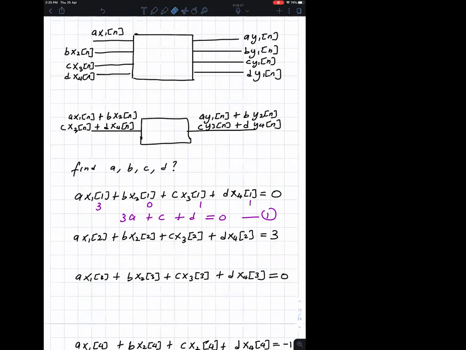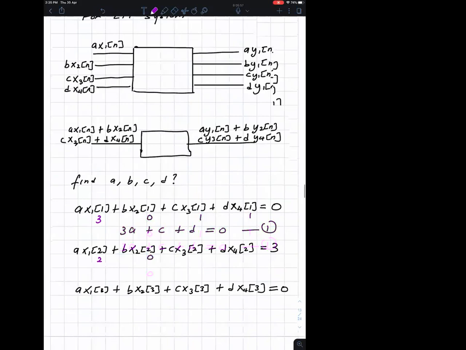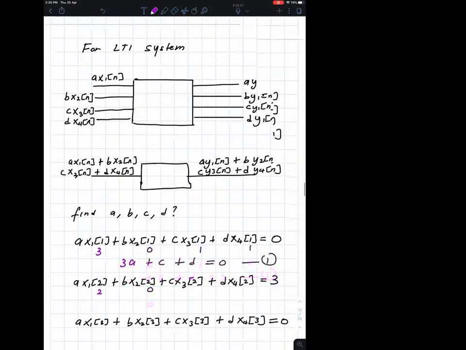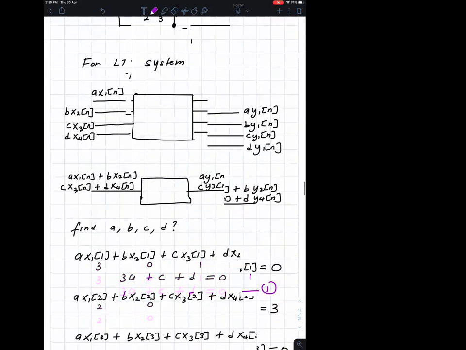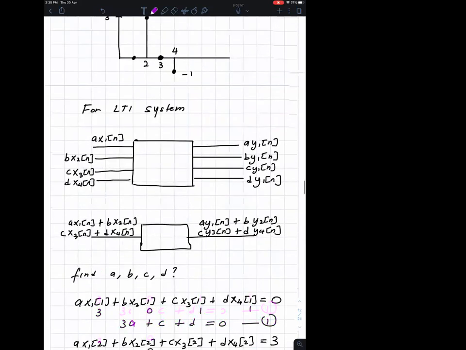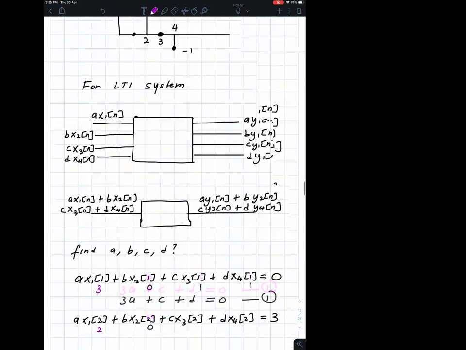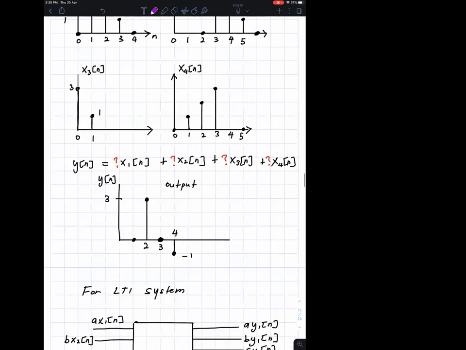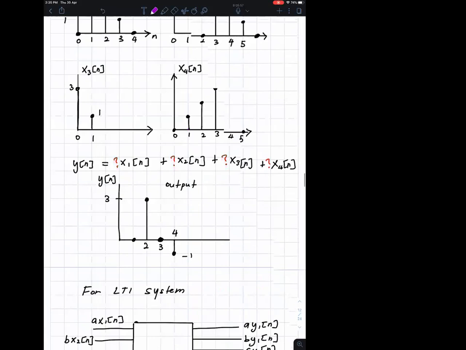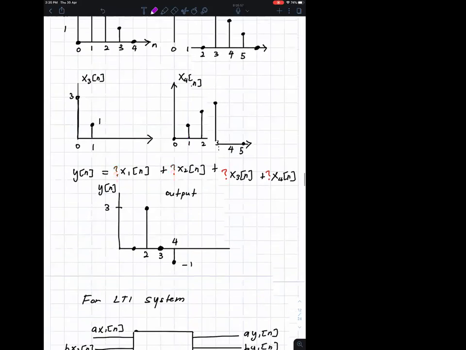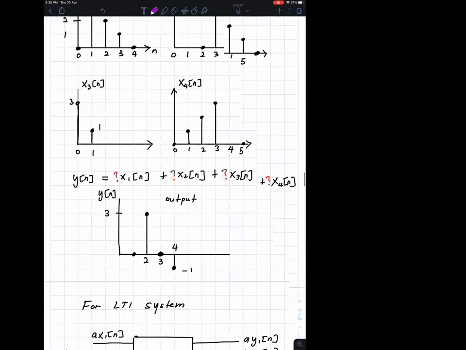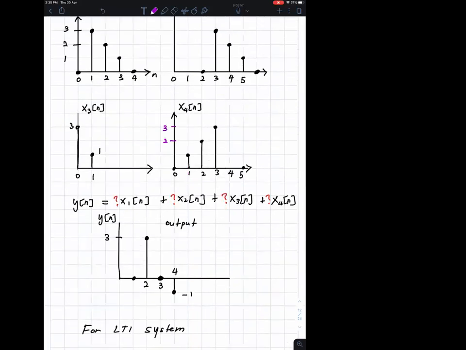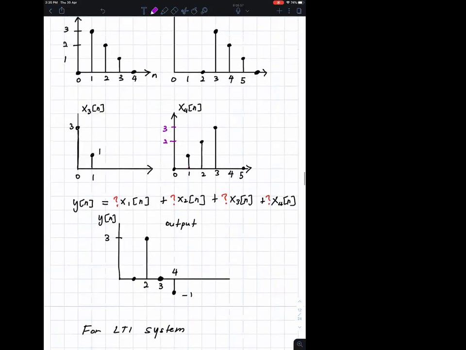So let's do this first. 2, 0, x3, 2 is also 0. So also 0. x4, 2 is how many? x4, 2 is 2.